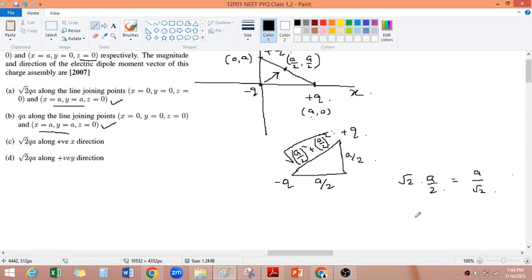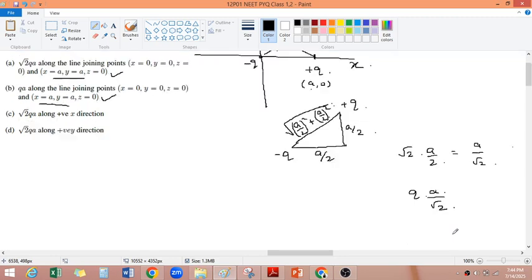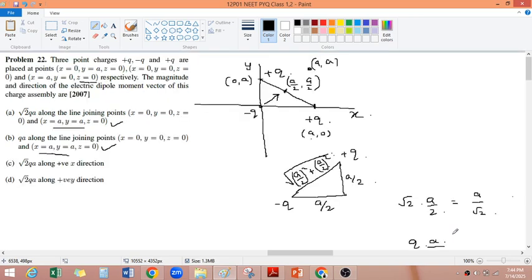So that means q into the distance between them. Distance between them is a by root 2. So that's what I'm getting here, qa by root 2. I think maybe some question is wrong here. Give me a sec, let me check that. Root 2 qa, maybe it is 2q.